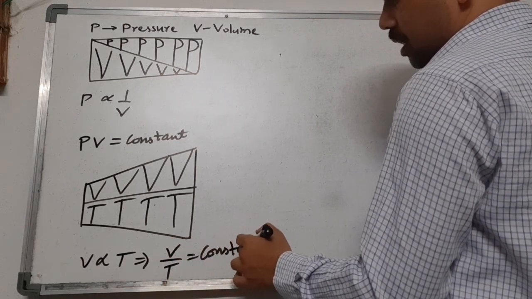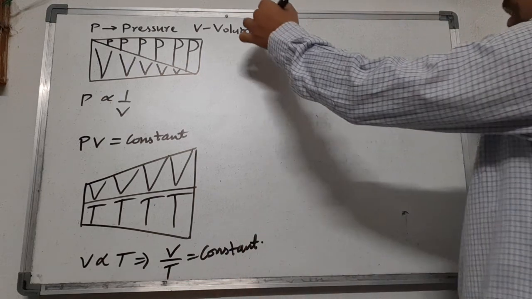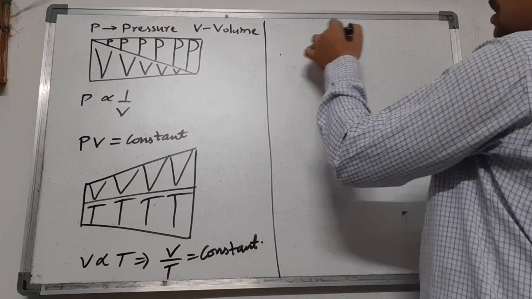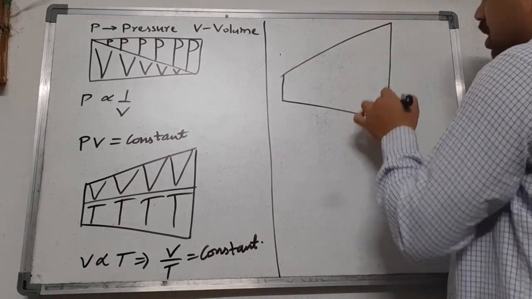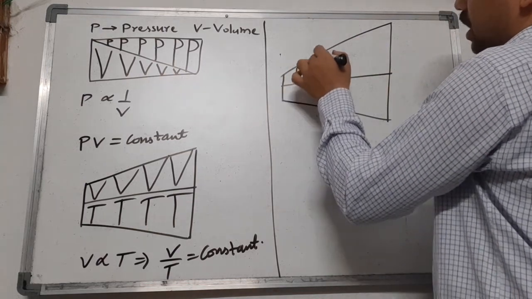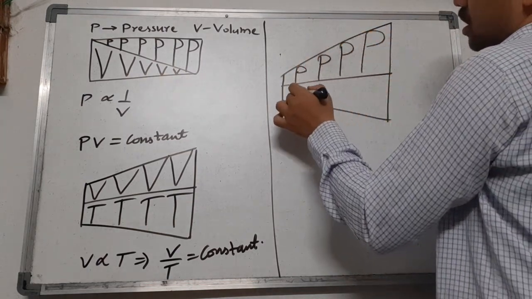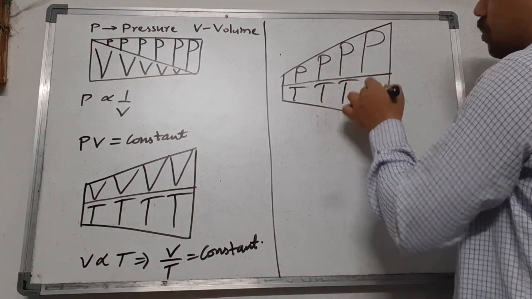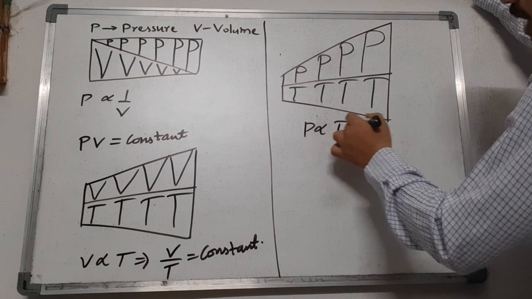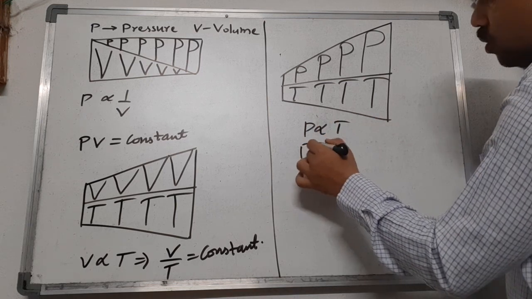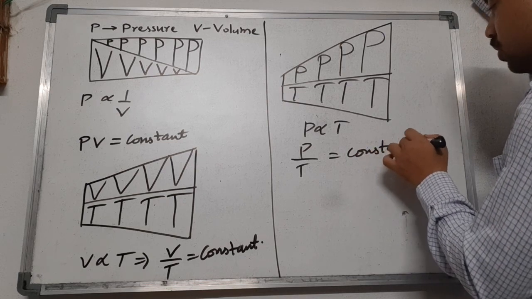And pressure also increases with temperature, as per Gay-Lussac's law. So P is directly proportional to T, and P by T is equal to constant.